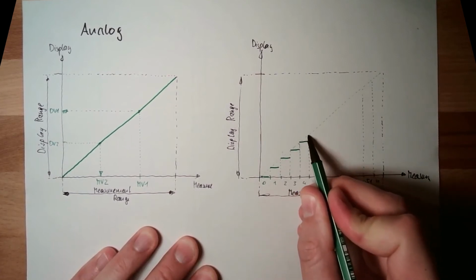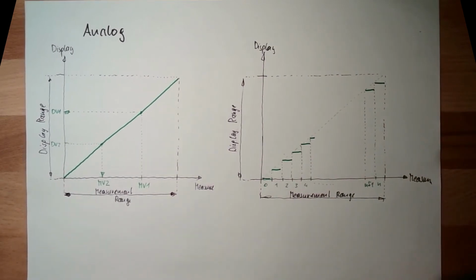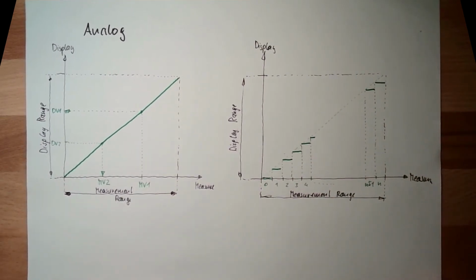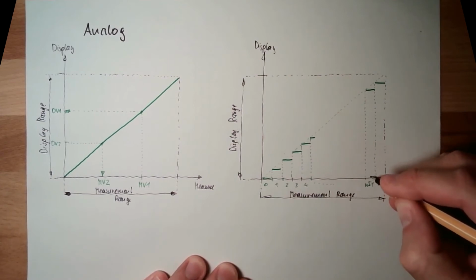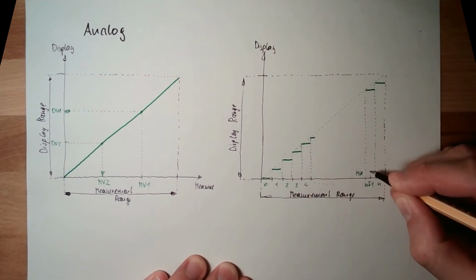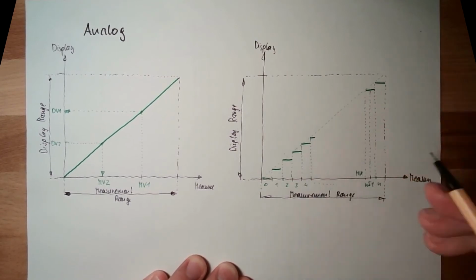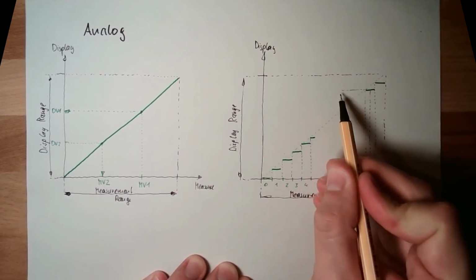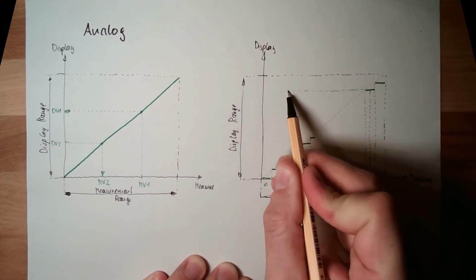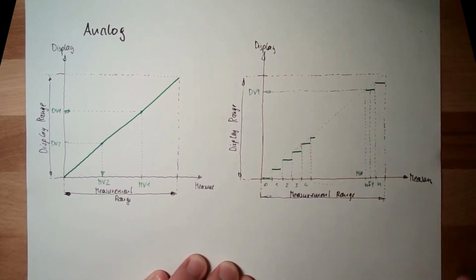So I have such a stepped line here, in this case. Okay? So if I have a measured value 1 again, I will come up here and I have exactly this displayed value 1.